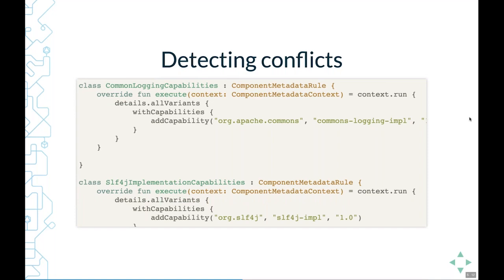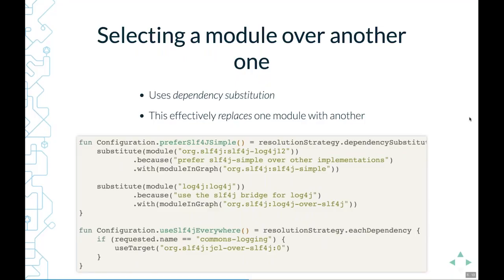But sometimes it's really annoying when you lose some messages just because you don't use the same logger. So fixing the conflicts is done through what we call component rules, and it uses dependency substitution, which effectively replaces one module with another.